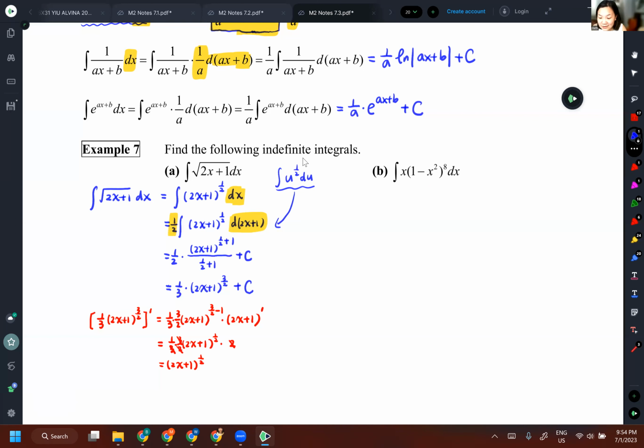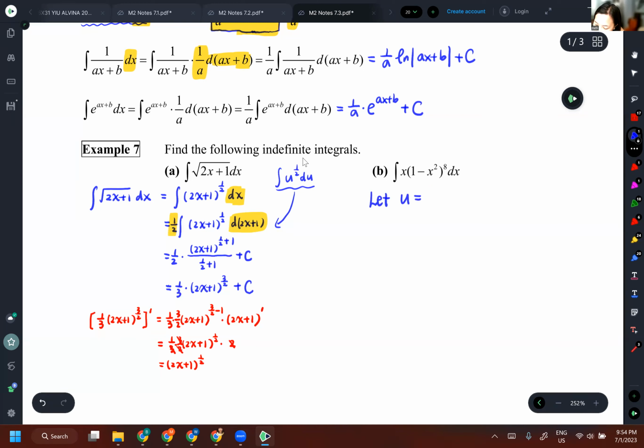It's not so easy as the previous example, because in the previous example, you just multiply a and divide a, that's it. You only need to do a constant adjustment. But here it's not just a constant difference. It's a lot different. Because in this question, I'm going to have a new variable.